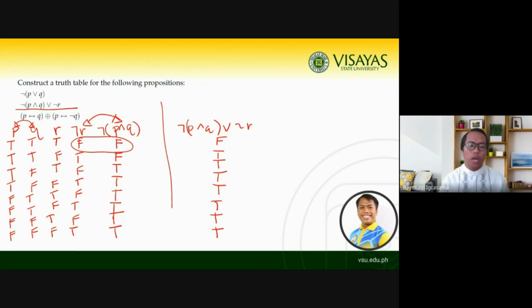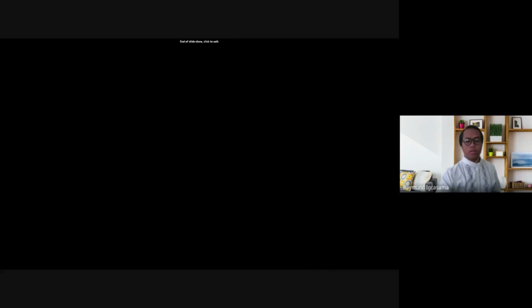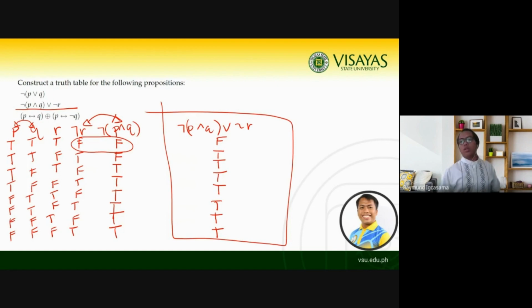So this is your truth table. Okay? That's it. Questions? Questions, everyone?